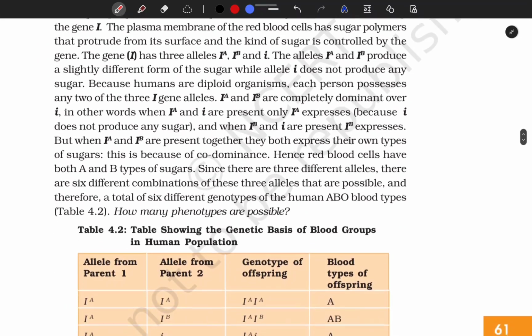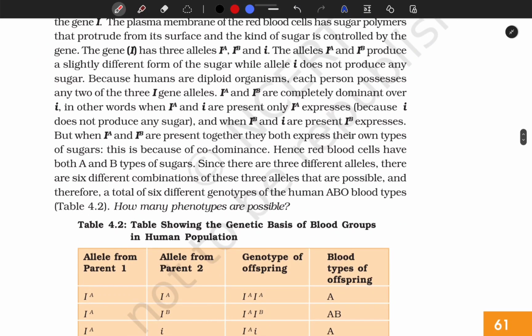The gene capital I has three alleles, IA, IB and small i. The alleles IA and IB produce a slightly different form of sugar, while allele small i does not produce any sugar. Because humans are diploid organisms, each person possesses any two of the three I gene alleles.